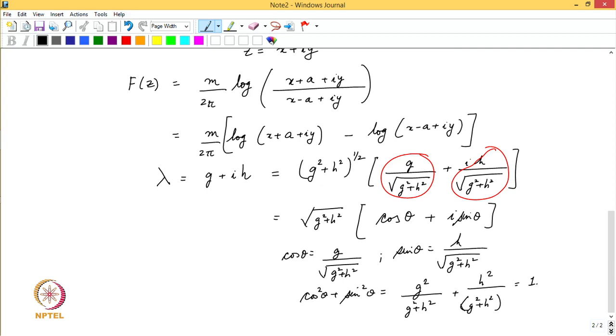So, clearly I can write the real part as this, the imaginary part in that fashion. By doing this, I can then say that lambda could be written as modulus of lambda, which is square root of g square plus h square, times e to the power iota theta, because cosine theta plus iota sine theta could be written as e to the power iota theta, and this theta I could write as tan inverse of h by g.